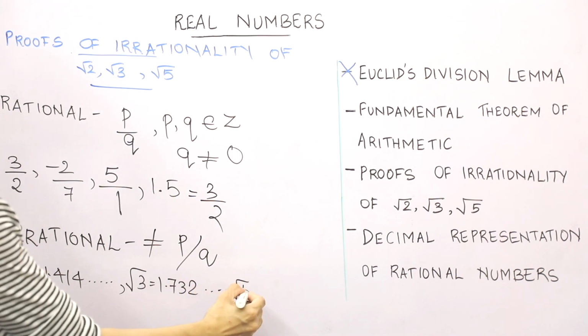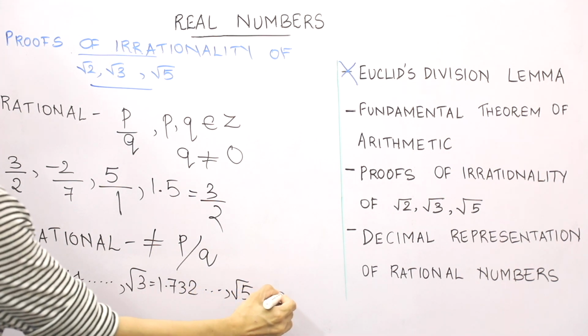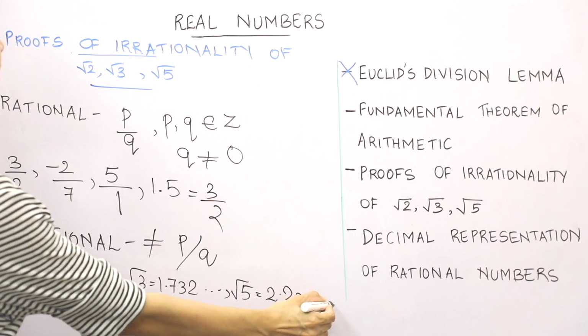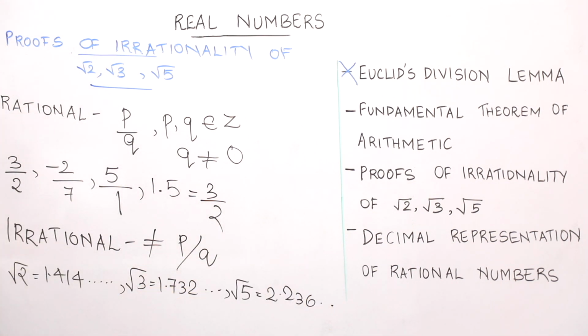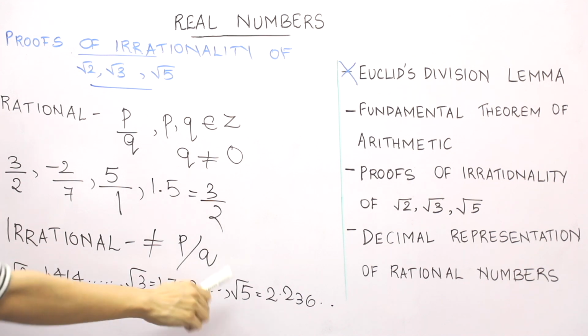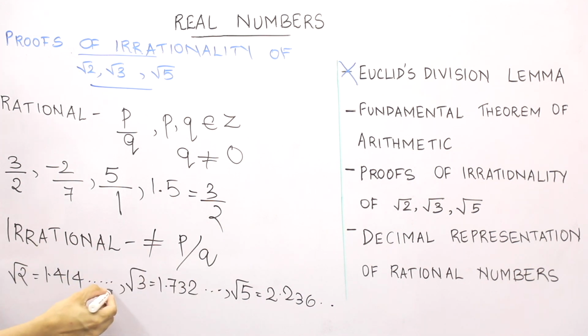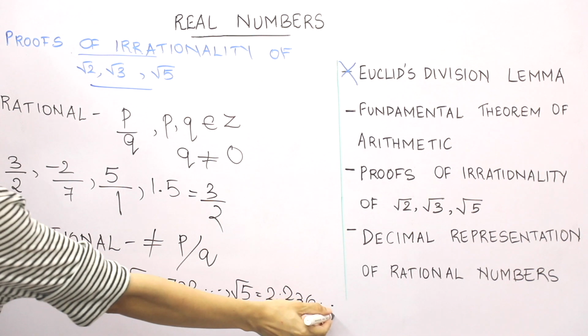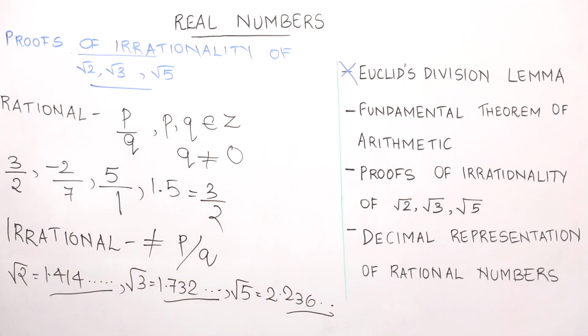Root 5, which is equal to 2.236, and so on. So here you can see that all irrational numbers have non-terminating non-repeating decimals. This is the feature of irrational numbers. A number is said to be irrational if its decimal expansion is non-terminating non-repeating. That is why root 2, root 3 and root 5 are all irrational numbers.